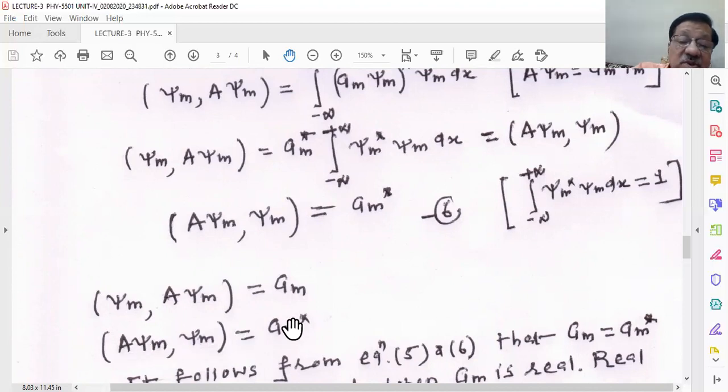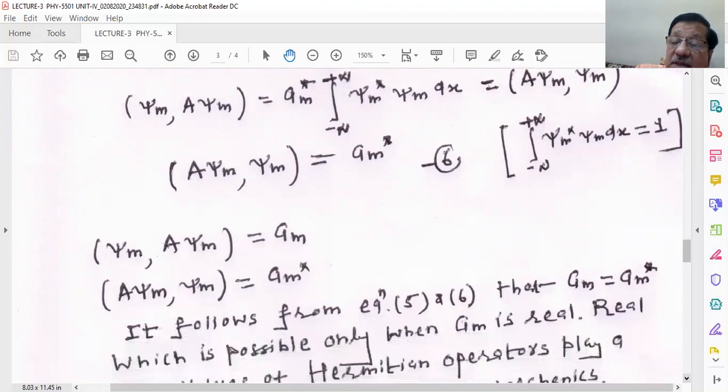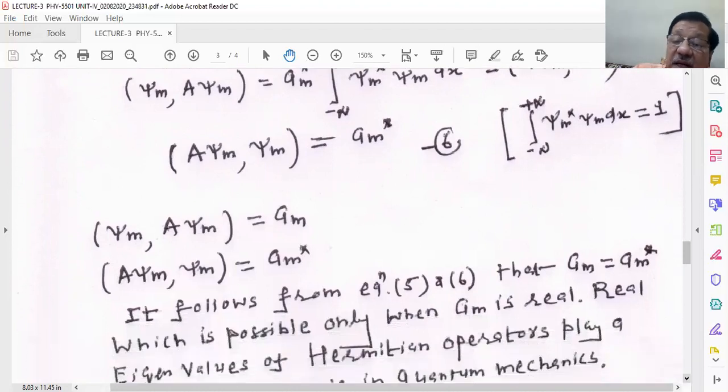So that proves that Am is equal to Am star. Am star is the complex conjugate of Am. So the complex conjugate of Am is always Am, which is only possible when Am is real.